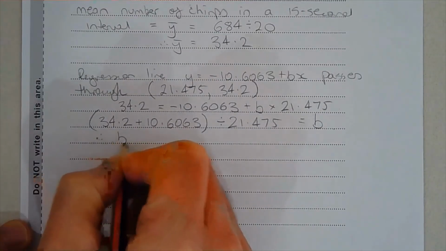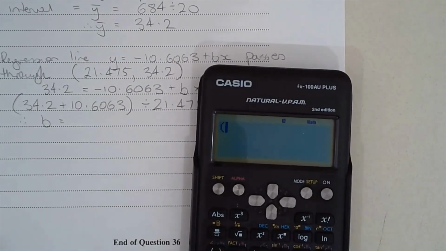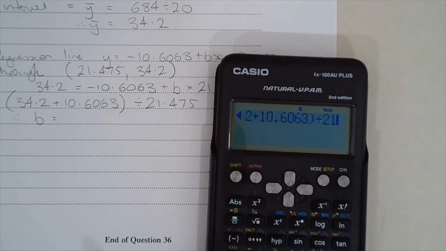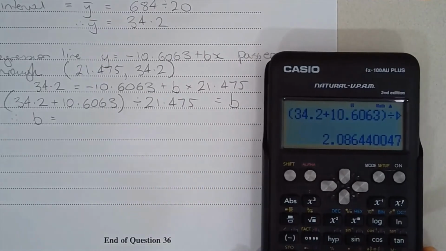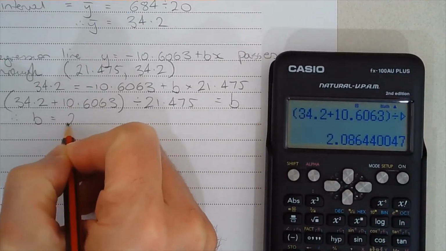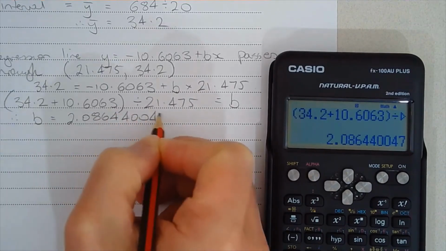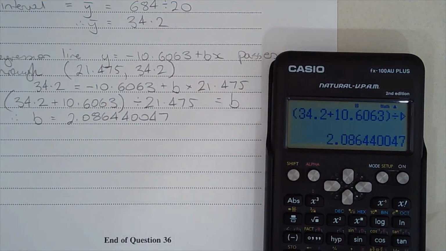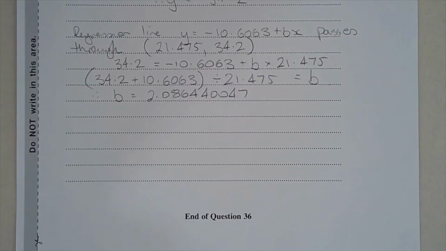So b is equal to 34.2 plus 10.6063, divided by 21.475, and we get 2.086. I might just write the whole answer there rather than rounding too early: 2.086440047. Now that we have the gradient of the line, we can use this to answer the question.